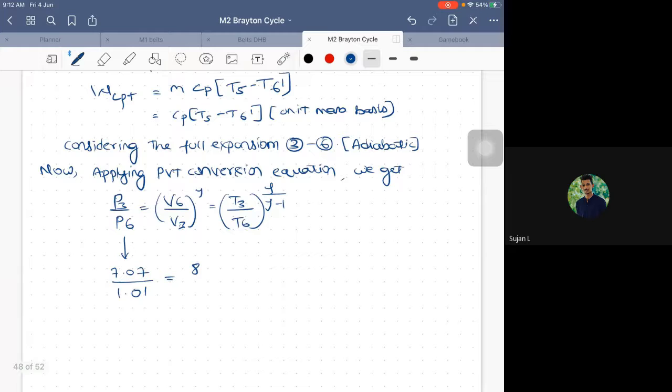So 883 divided by T6 whole to the power of gamma, which is 1.333 divided by 1.333 minus 1. So from this, what is the value of T6?